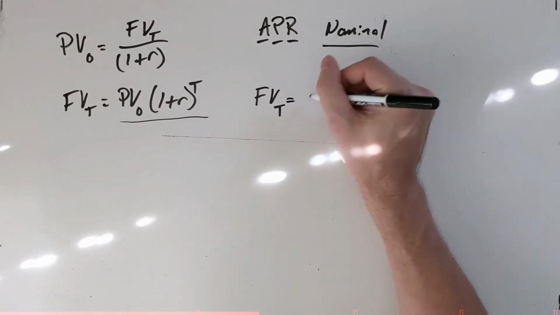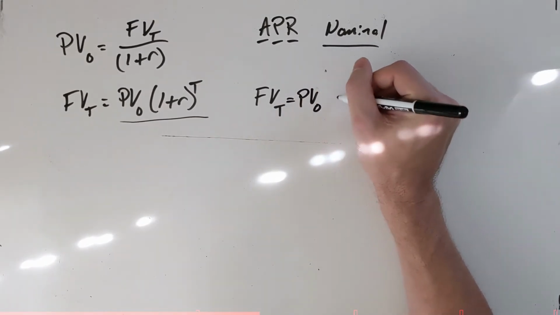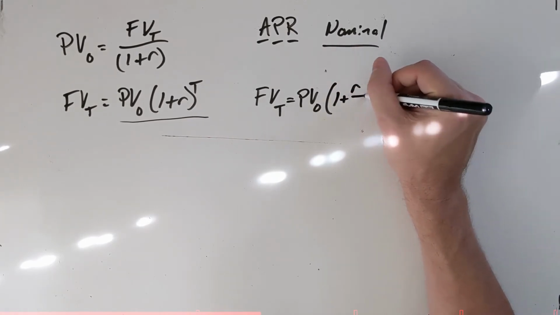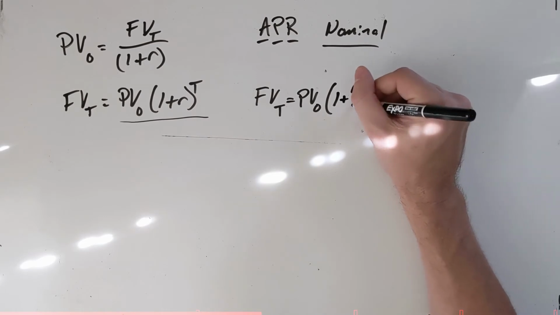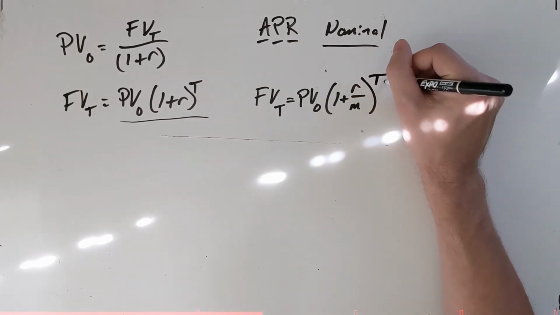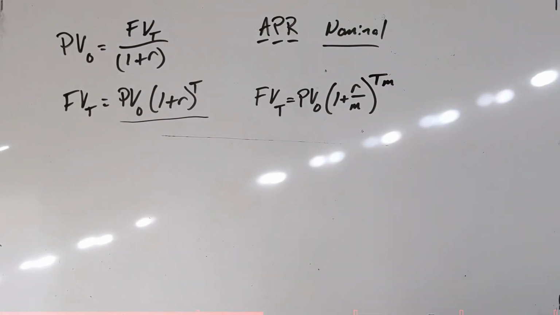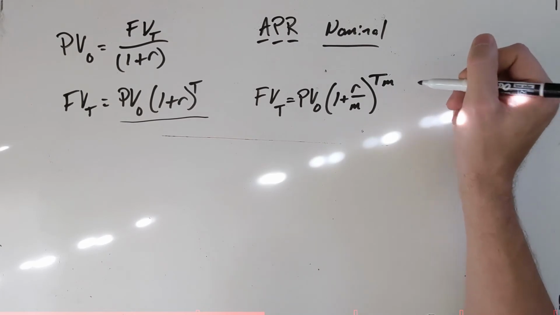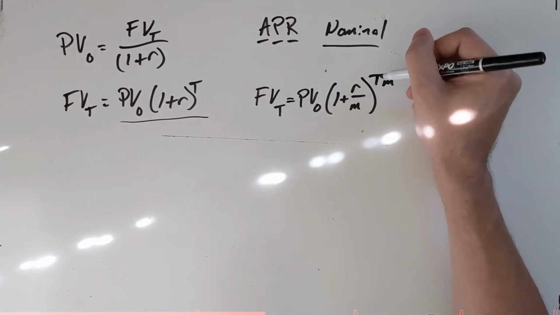So it's still based on the same math, but now we're going to do a little modification. We're going to take the r and we are going to divide it by what we're going to call m, and then we're going to raise this to t times m. All right, now this m is compounding periods per t.